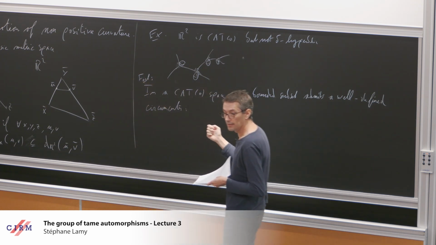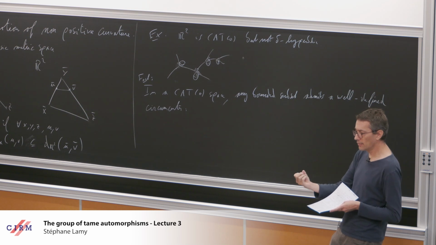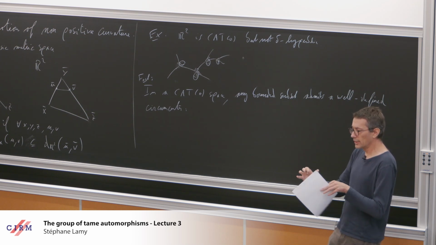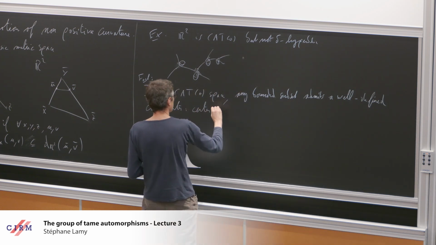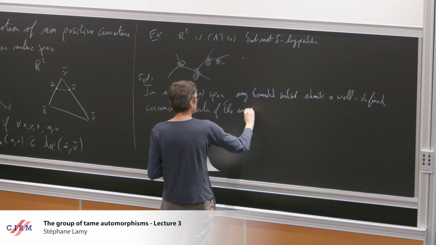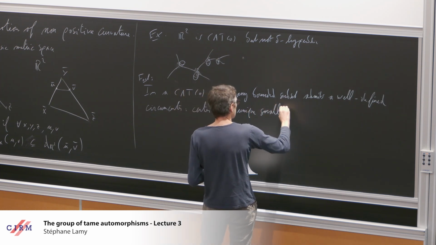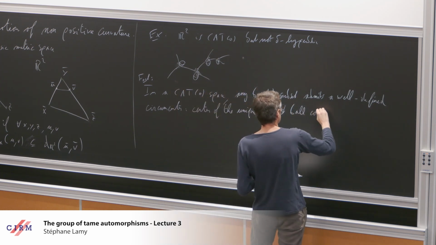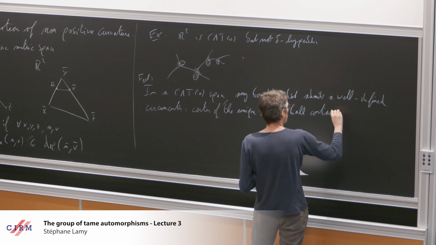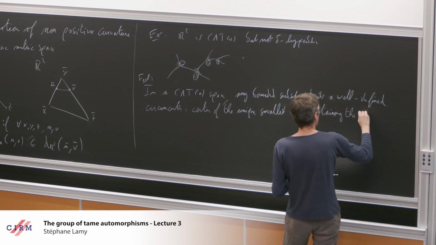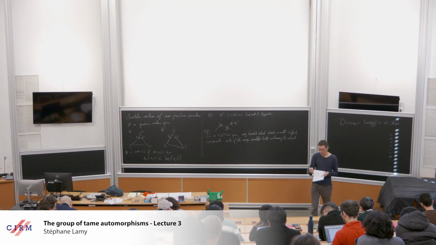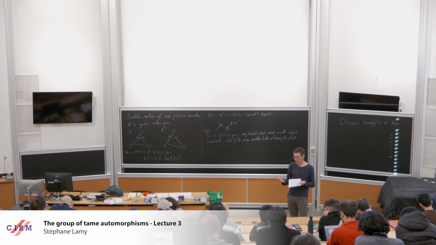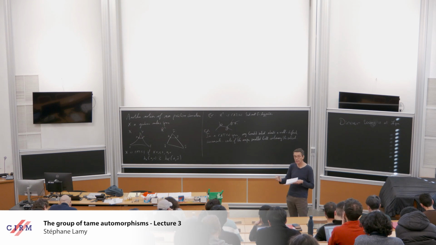It's like in the case of a tree: the circumcenter is the center of the unique smallest ball containing your bounded subset. Because of this notion of unique center, you have some fixed point property. For instance, a very easy one is if you have a finite group acting by isometry on such a CAT(0) space, there is a fixed point.